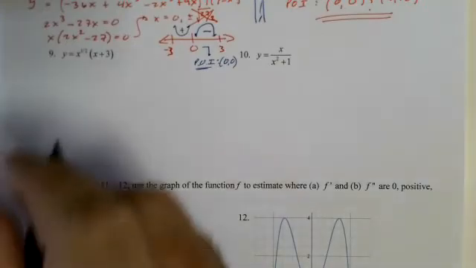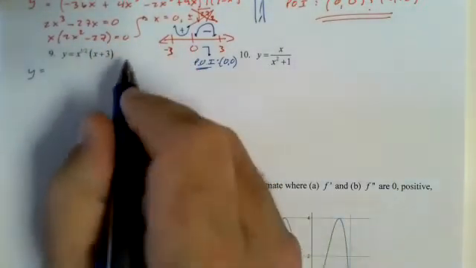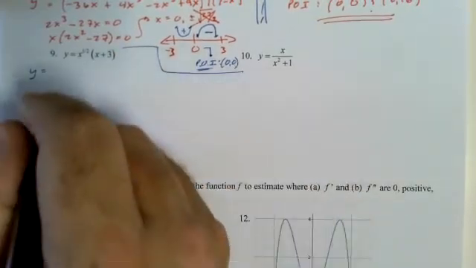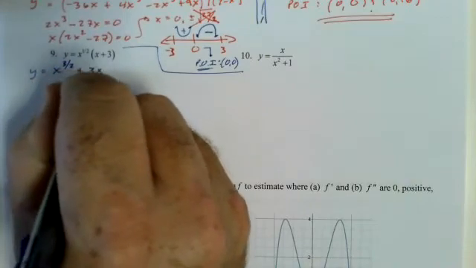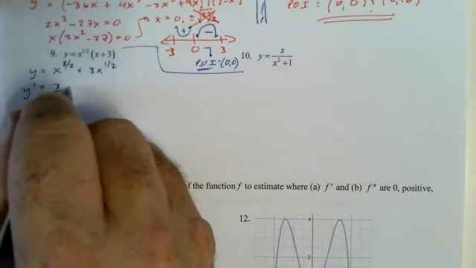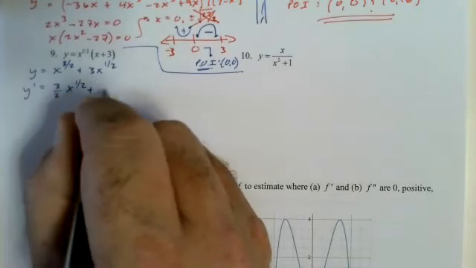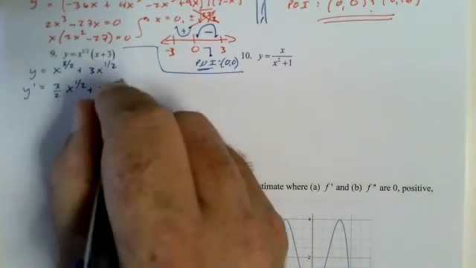All right. I'm going to distribute this right away. Y equals x to the 3/2 plus 3x to the 1/2. Y prime equals 3/2 x to the 1/2 plus 3/2 x to the negative 1/2.